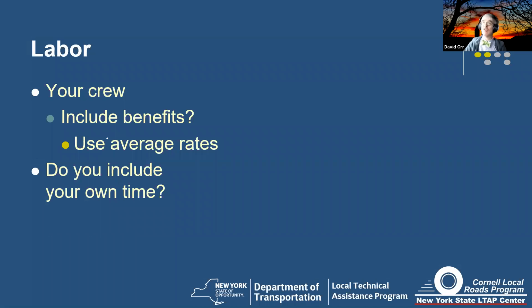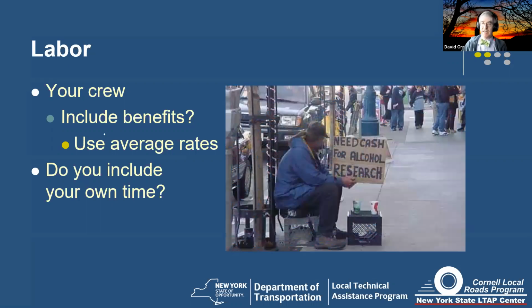Okay, again, you may need to budget them separately, but if you're trying to do apples to apples comparisons, you need to include your own time so you can really know what the real cost is. Just in the same way, a contractor is going to include the cost to the owner if the owner's out actually working on the job. If the owner's in the office doing other things, that gets included in the overhead and things like that. Okay. And again, at the end of the day, we need to understand there's a cash flow issue that we have to deal with.